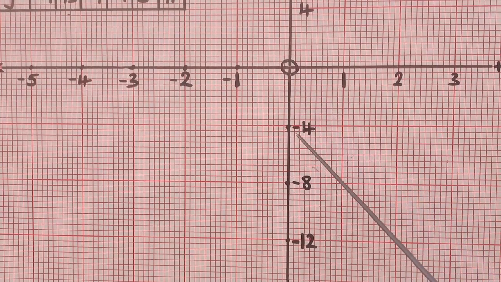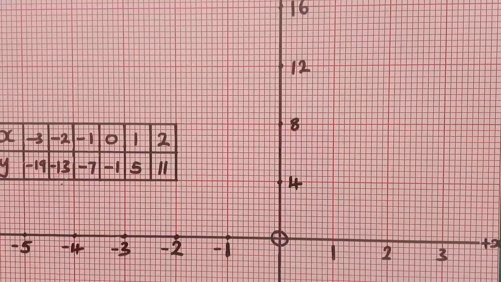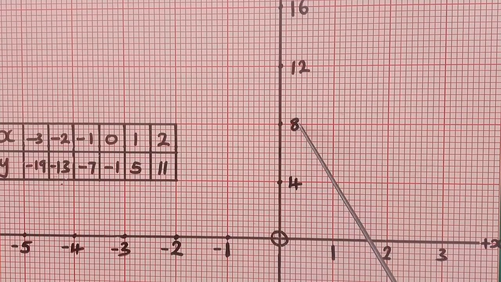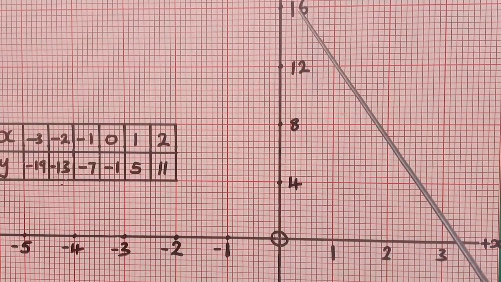See it: -4, -8, -12, -16, and so on in that manner. The same thing is applicable to the upper region, that is the positive y subaxis. Let's see it. Yes, that is 4, 8, 12, 16.